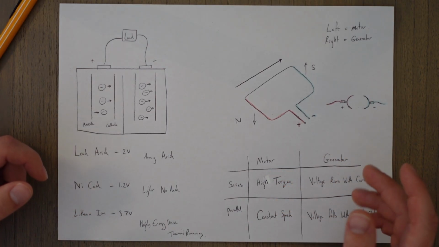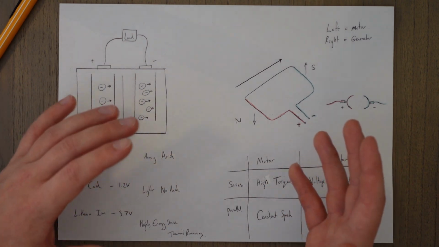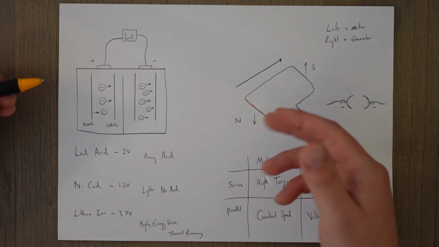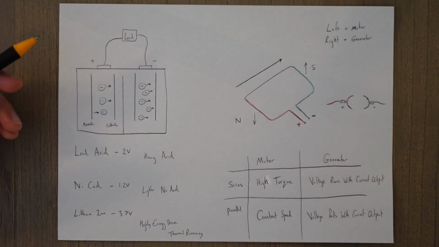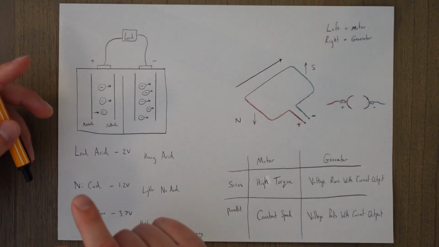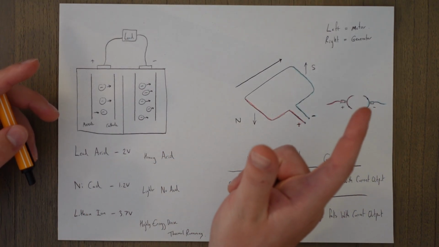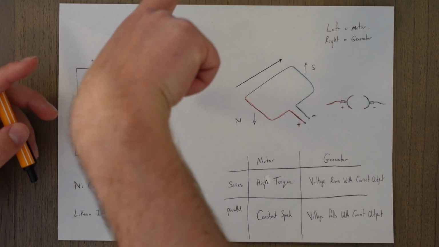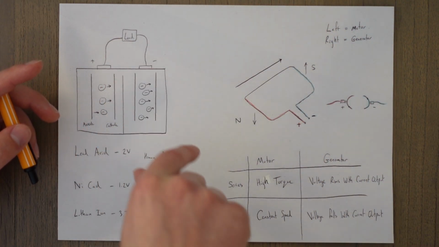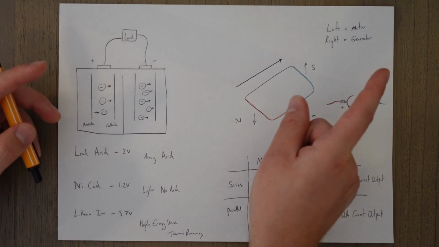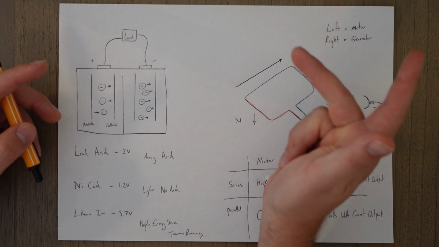A generator is essentially the reverse process of a motor. We spin the rotor to generate the current flow. Remember, we're using our right hand for this. And if we take this example, we're field this direction, the motion, we're going to go down on the red side. That means the current is going to flow this way. And if we look at the other side, first finger's the field, thumb is the motion, current flows this way.